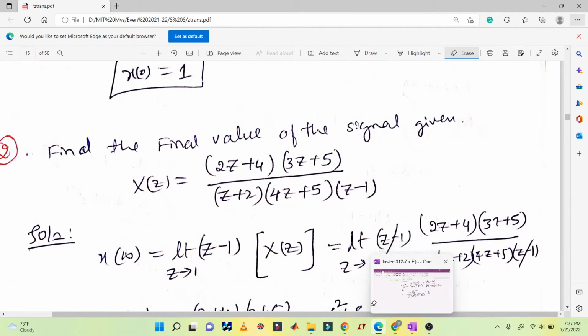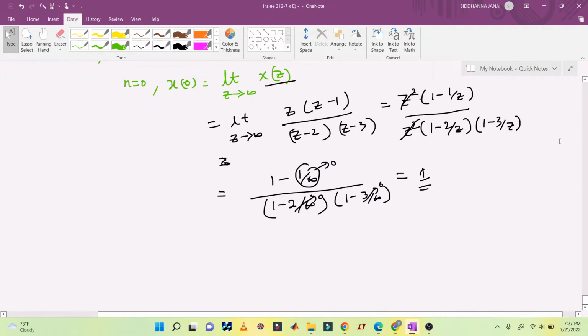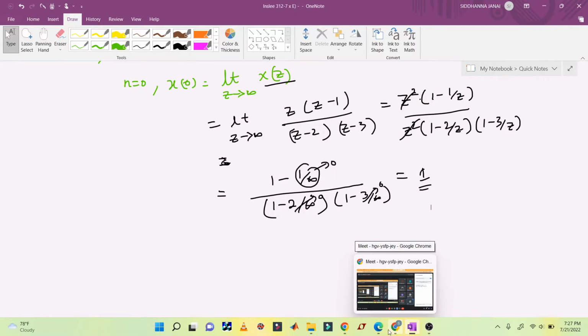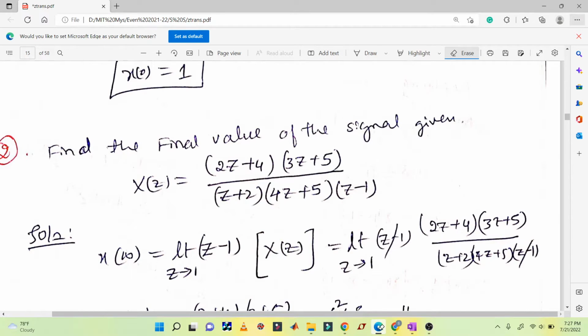Now for final value theorem we have given signal x of z is equal to 2z plus 4 multiplied by 3z plus 5 divided by z plus 2, 4z plus 5, z minus 1.